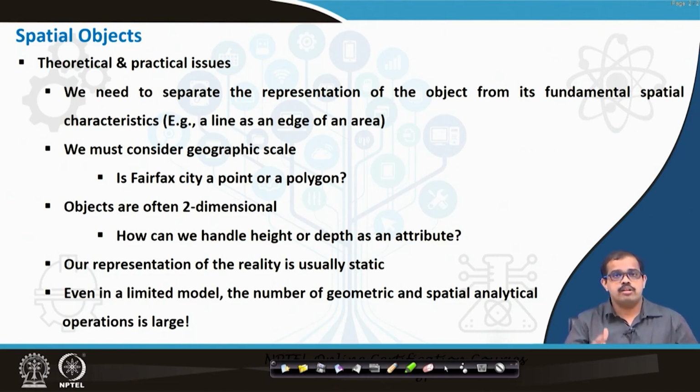Even in a limited model, the number of geometric and spatial analytical operations is quite large. Even if you do a very small model of a single road, the analytical and geometrical aspects you have to consider are very large in terms of spatial objects. So, be extremely careful when you are looking at different models and how the aspects of the model are being considered. Okay.